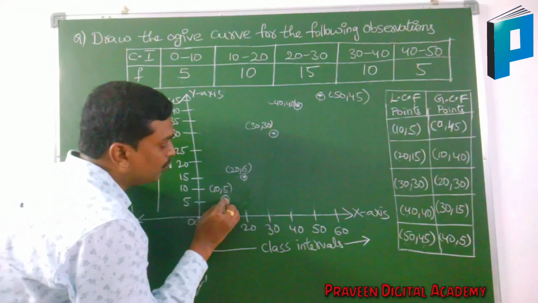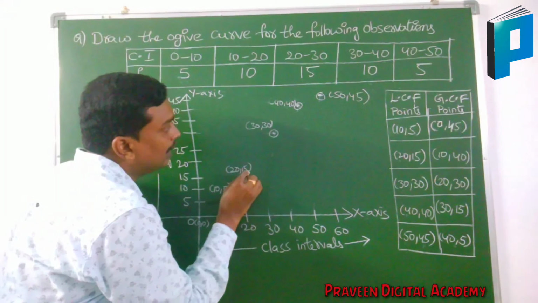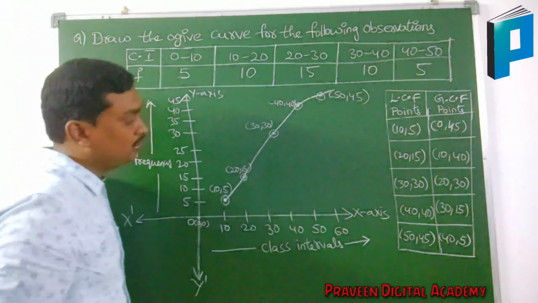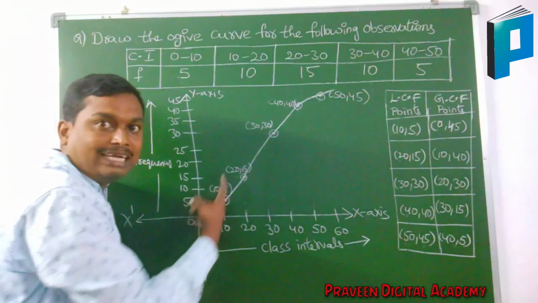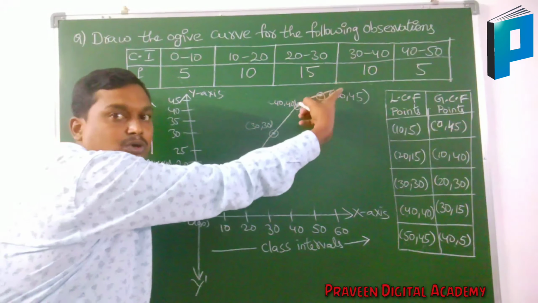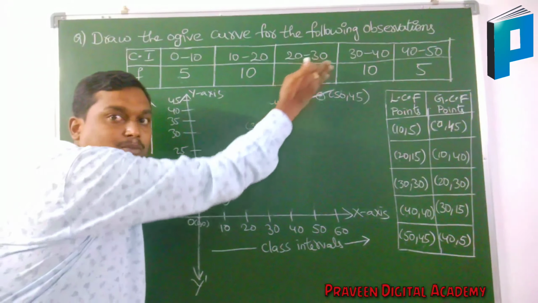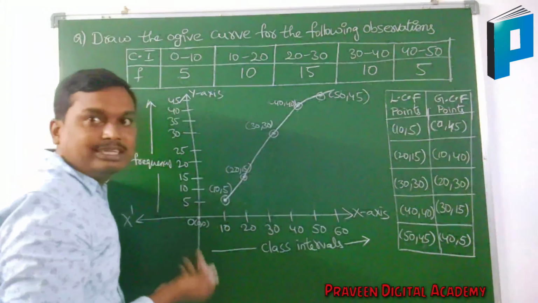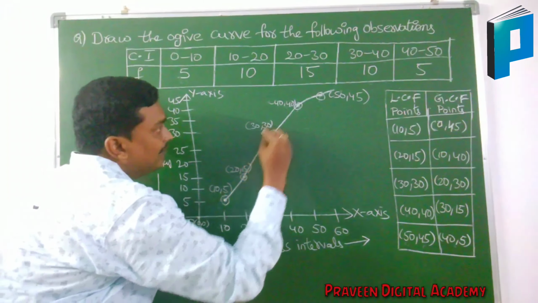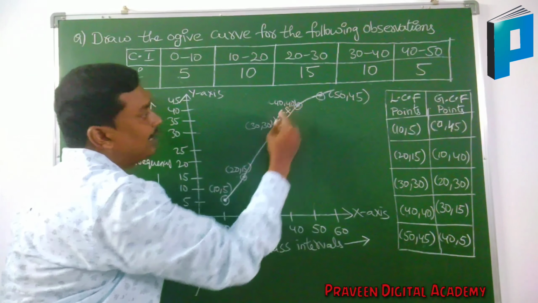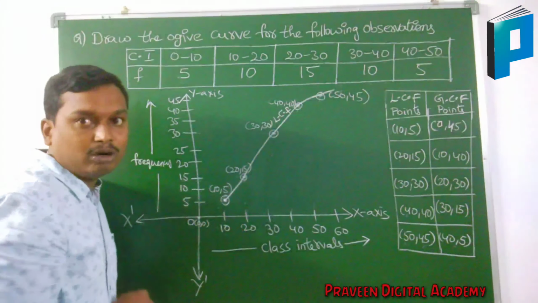With free hand you should draw the curve, and this curve is going from bottom to top. The curve going from bottom to top means LCF, less than cumulative frequency. Here I will write LCF. I got the LCF curve.